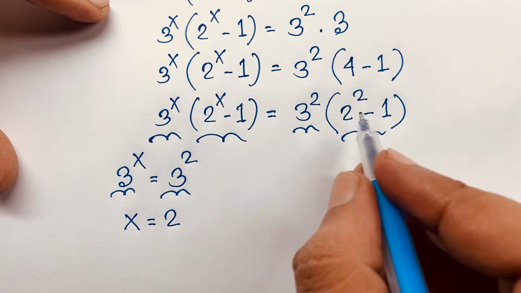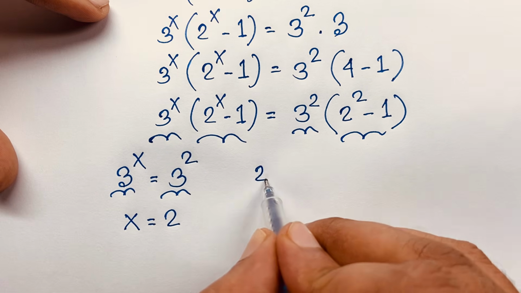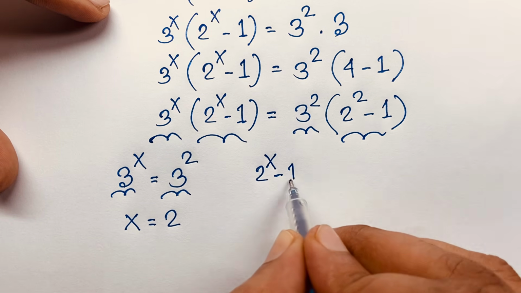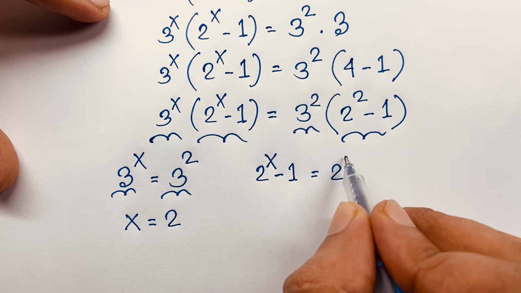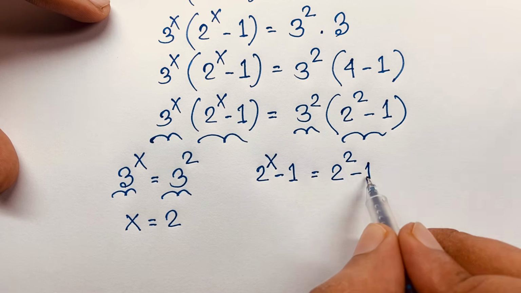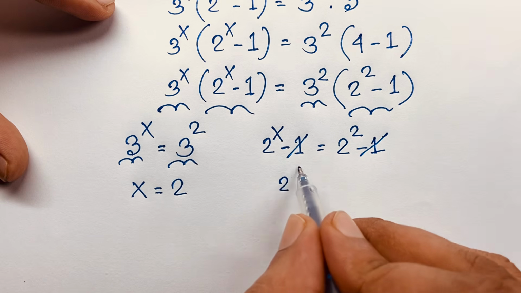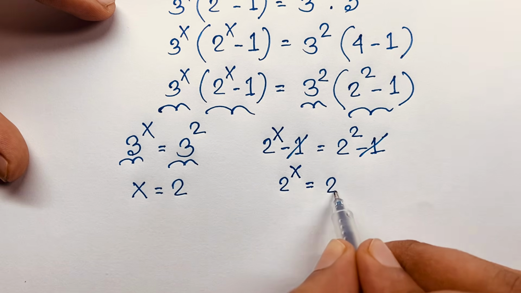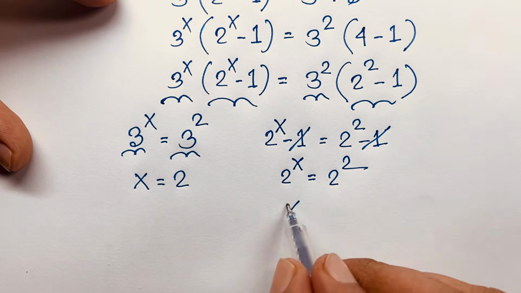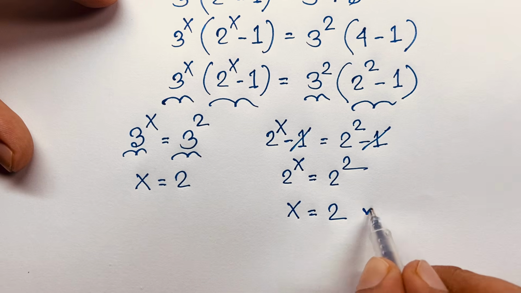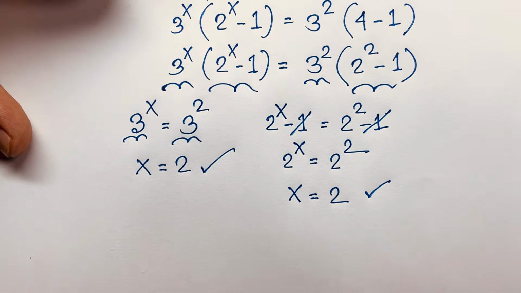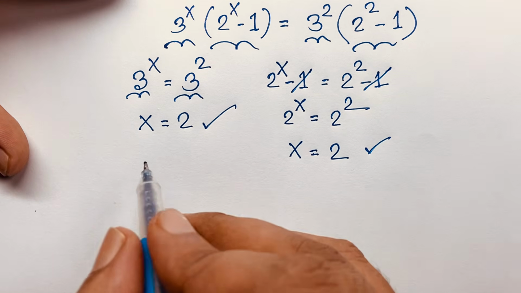And if I compare both this and this, it will be 2 to the power x minus 1 is equal to 2 to the power 2 minus 1. This cancels, it will be 2 to the power x is equal to 2 to the power 2. Then here x is equal to 2. So we find both solutions, x is equal to 2. This is our final answer.